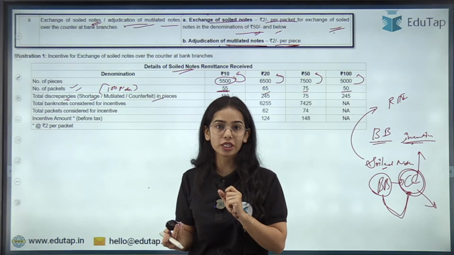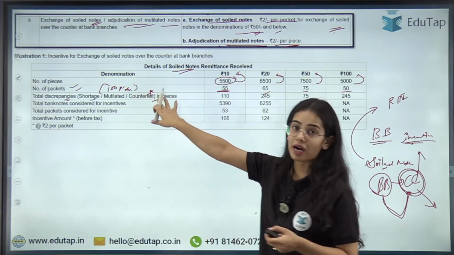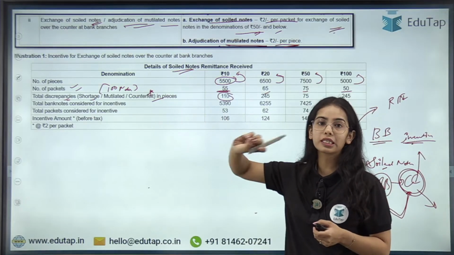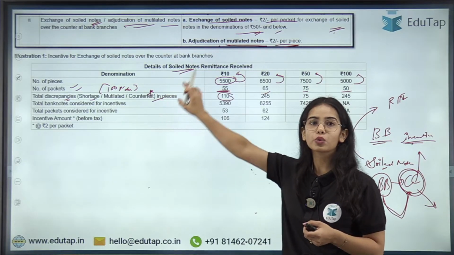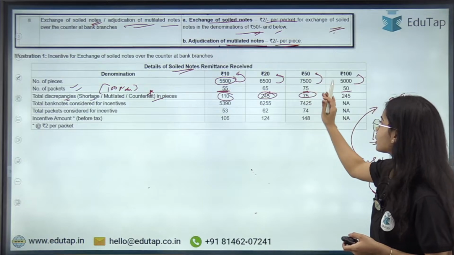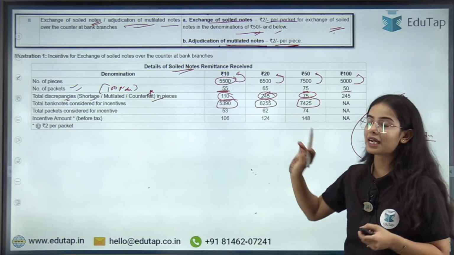So 10 notes are in shortage, or there are some counterfeit notes, okay? So 110 notes are the total discrepancy. Either a shortage has happened, or there are counterfeit or mutilated notes shown in the soiled notes. After deducting these discrepancies, this is the final number that the RBI has received, okay?